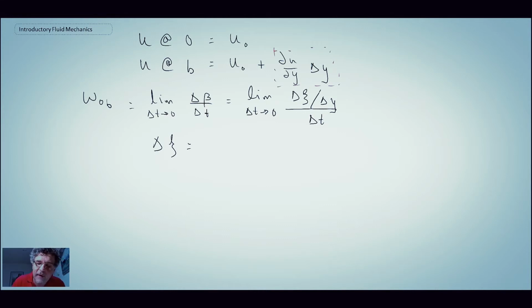And notice, here I'm going to introduce a minus sign because it's going to the left. And when I substitute this into my angular rotation expression, I then end up with the following.